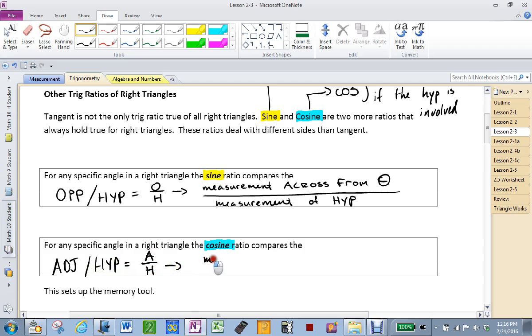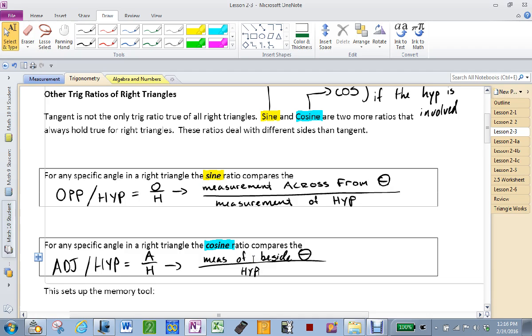And that, of course, is the measurement of beside theta over the hypotenuse. Now, this cosine causes kids a lot of trouble because cosine, adjacent means beside. But isn't the hypotenuse also beside your theta?